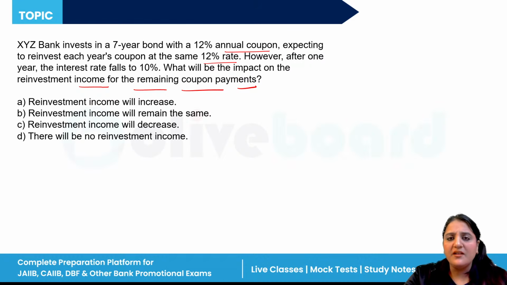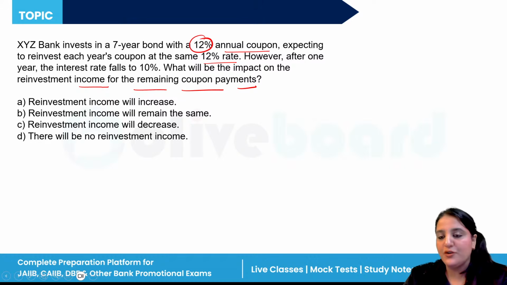They are asking about the impact on reinvestment income. We know that initially the bank expected to reinvest each year's coupon at the 12% rate, right? But when the rate falls to 10%, the future coupon payments can now only be invested at 10%, which reduces the total reinvestment income.